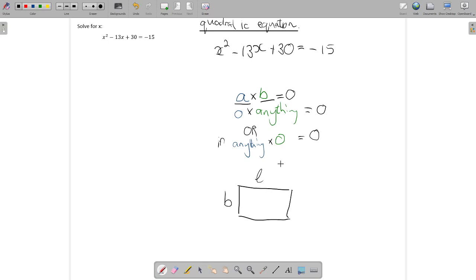Now, if you recall from when we did factorization, we took something in quadratic form and turned it into two factors, length and breadth.